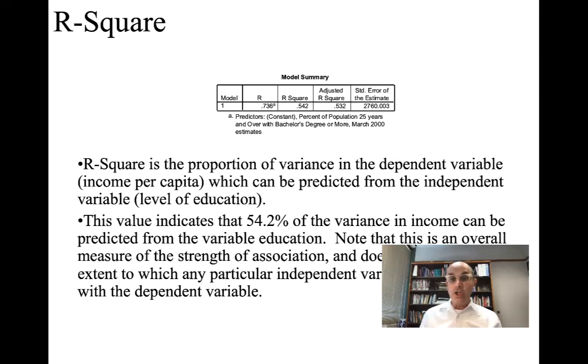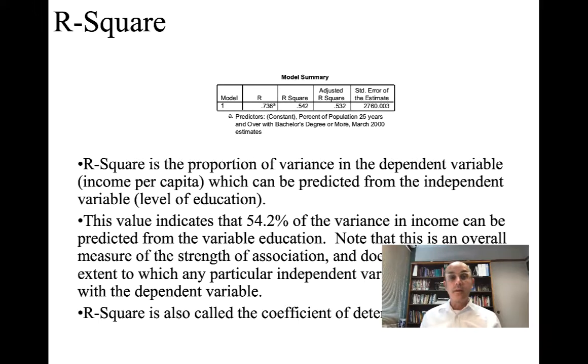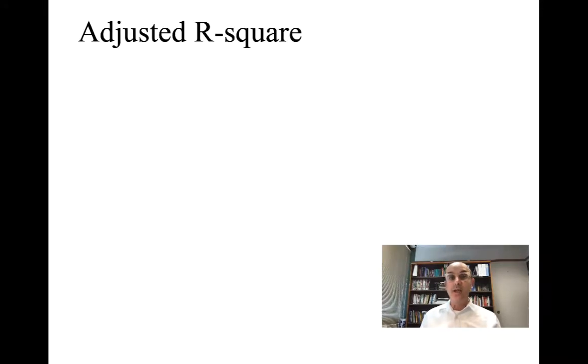So when we calculate the R square, in this case the value is 0.542, or 54.2%, which can be predicted from the variable education, and this will give us a better indication of the association between the independent and the dependent variable. The R square is also called the coefficient of determination.